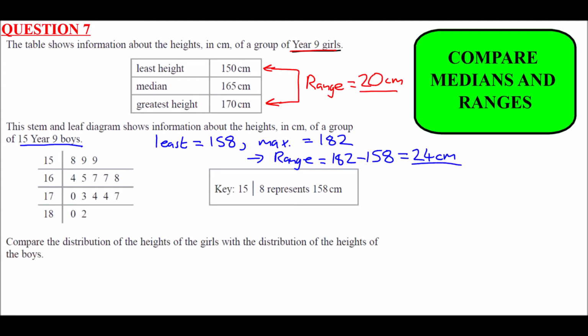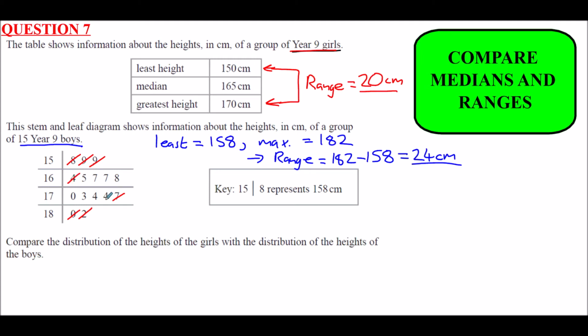The median for the boys, we need to find the middle value. So what I'm going to suggest we do is we work towards the middle from each end. So it's not going to be the smallest ones, the smallest, second smallest, third smallest. Nor is it going to be the biggest ones, biggest, second biggest, third biggest. So keep working in from end to end.